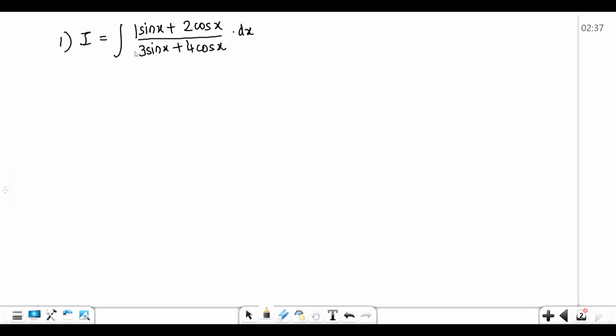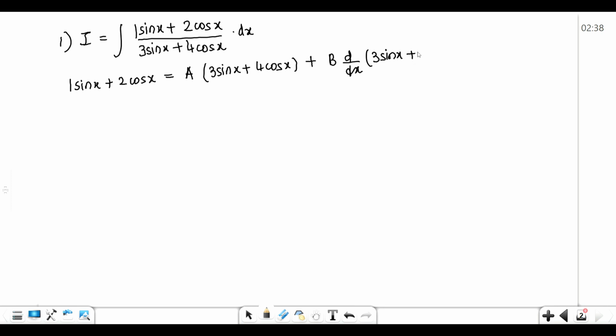Now the first step is to take the numerator, sin x plus 2 cos x. We have to express this numerator as a times the denominator, that is a multiplied by (3 sin x + 4 cos x), plus b times the derivative of denominator. I'll write this down and we take that derivative in the next step.